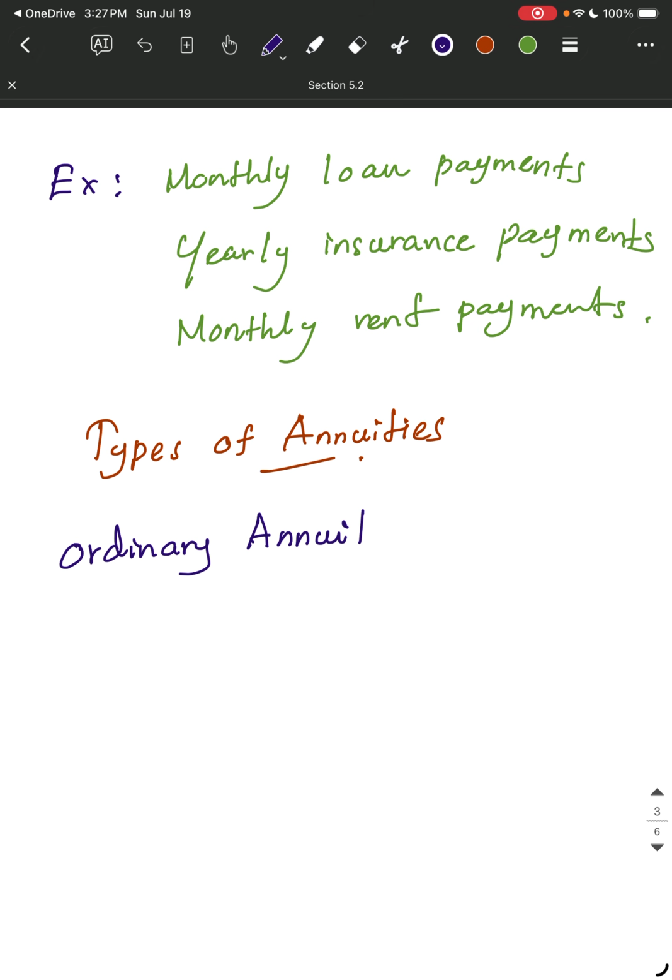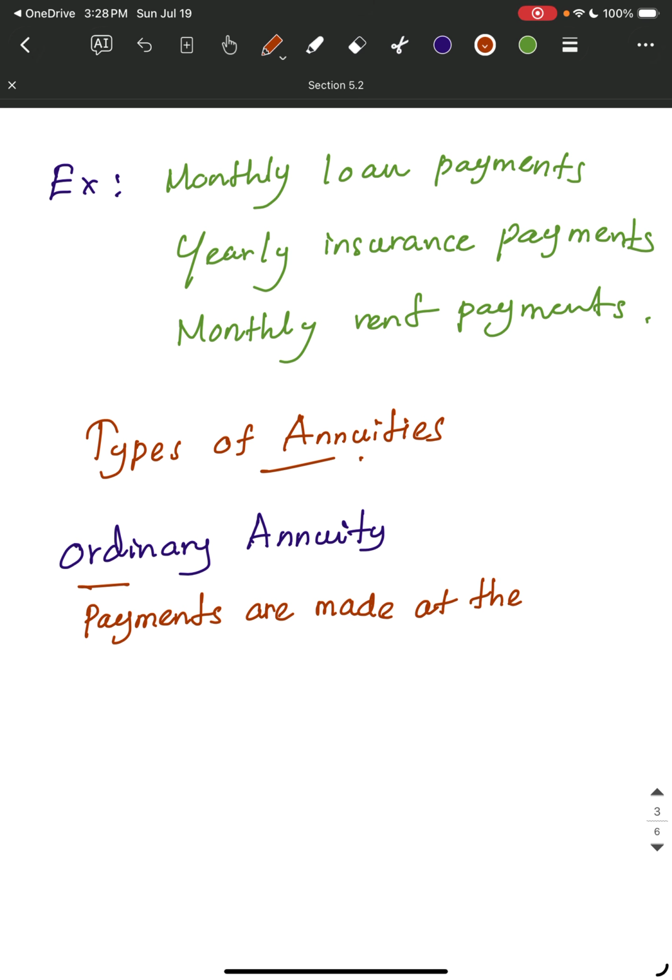In an ordinary annuity, payments are made at the end of each period. What are the examples?